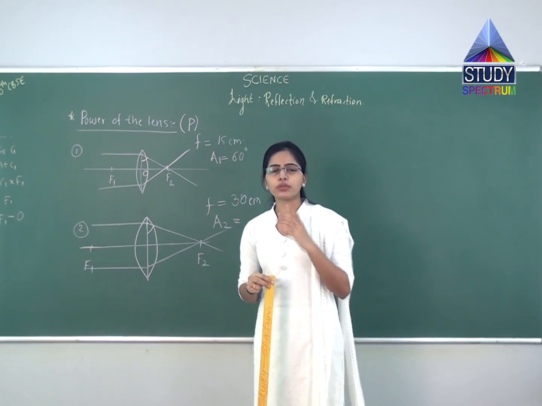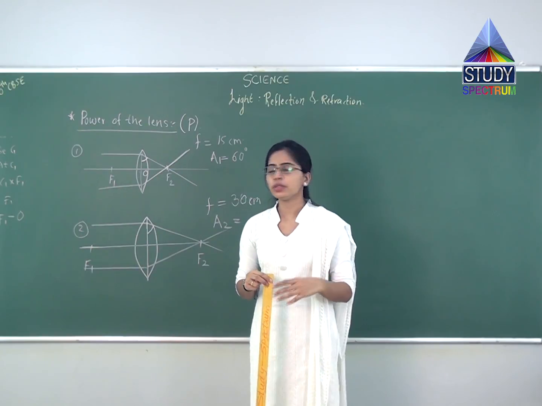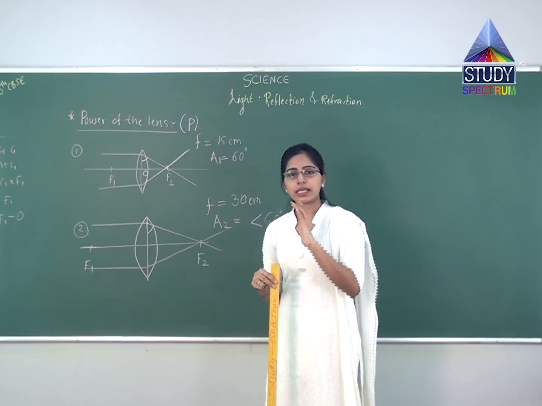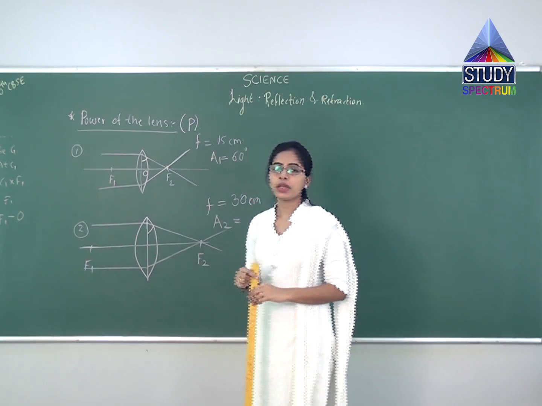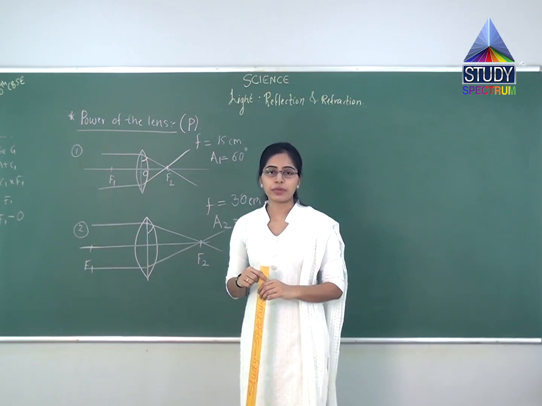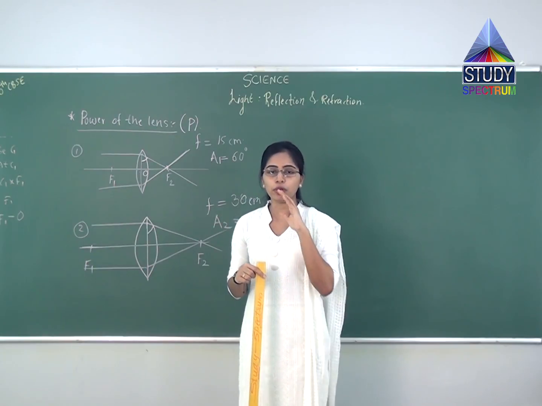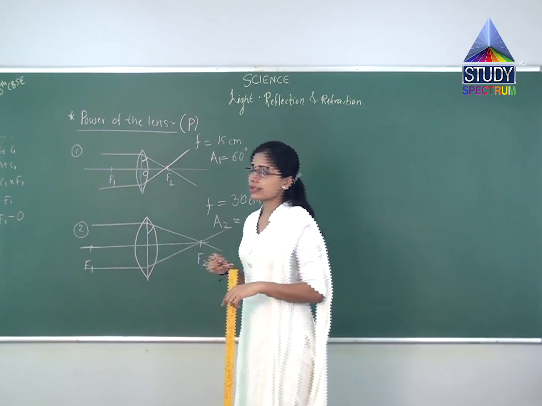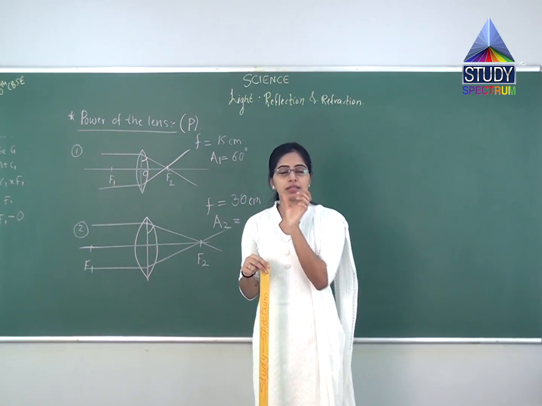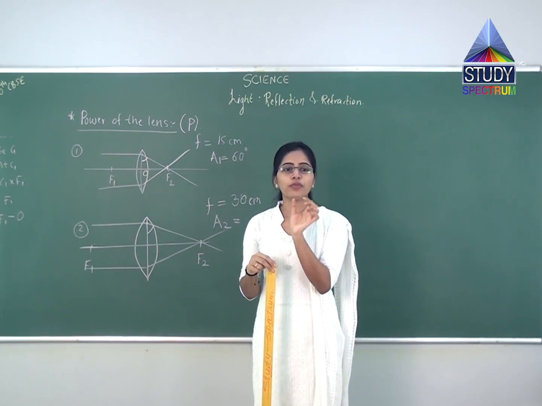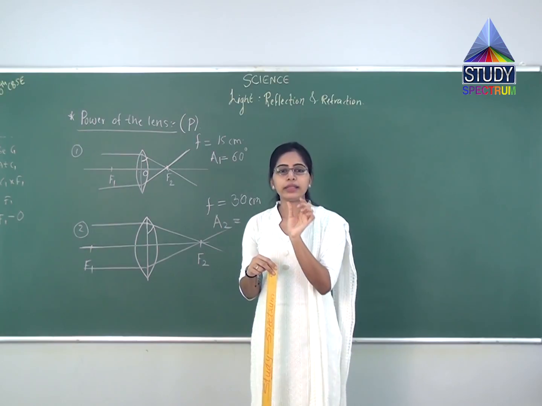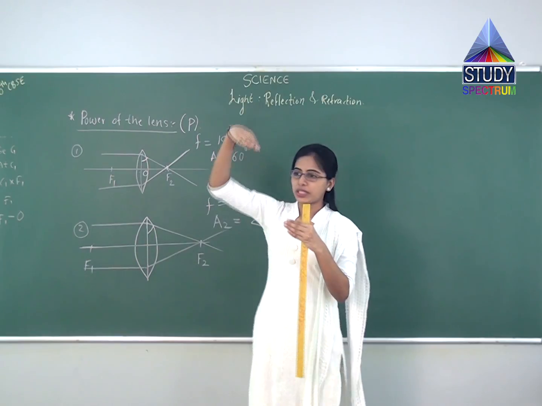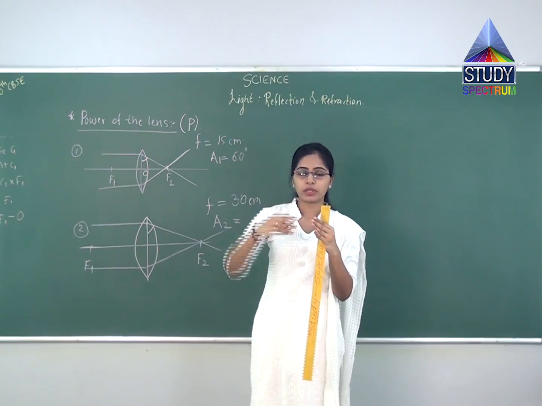If you want, you can draw in your notebook by taking different focal lengths but the same size of lens, and perform the experiment. You will always observe that if the focal length is shorter, then light rays bend to large angles, means bending will be more, no?